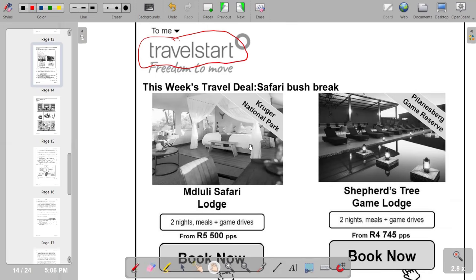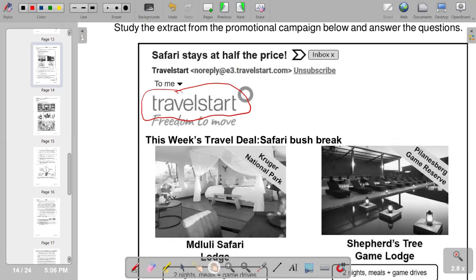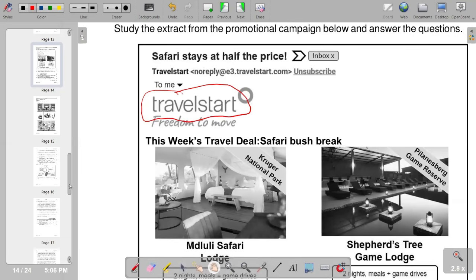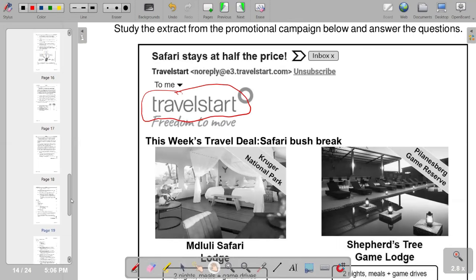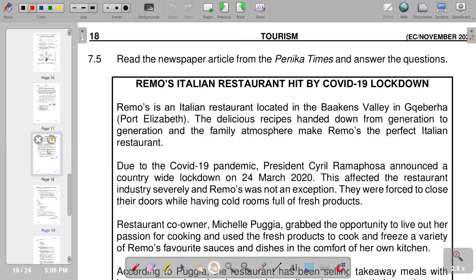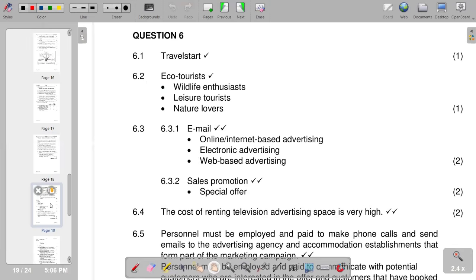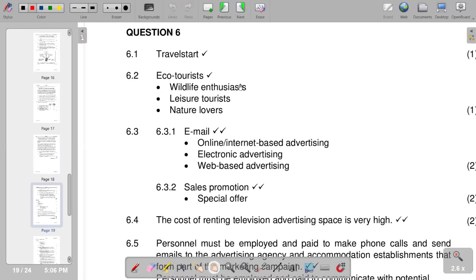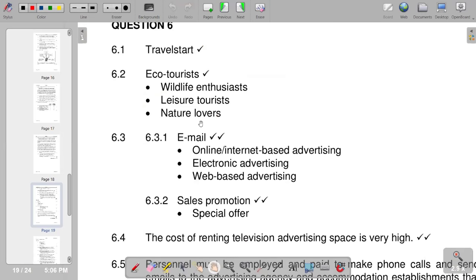So we have them mentioned in our answer section, whereby we can include ecotourists, wildlife enthusiasts, leisure tourists, nature lovers as correct responses.